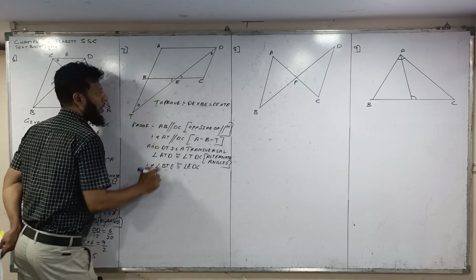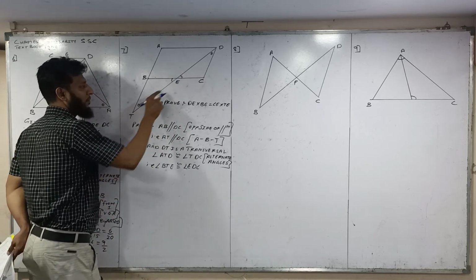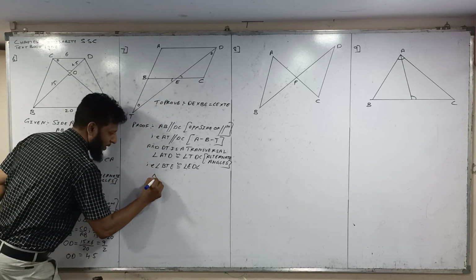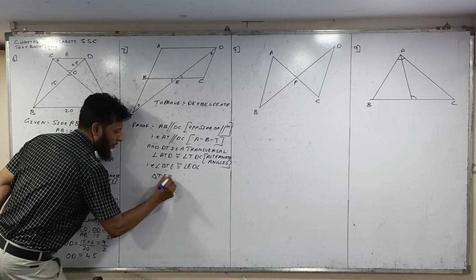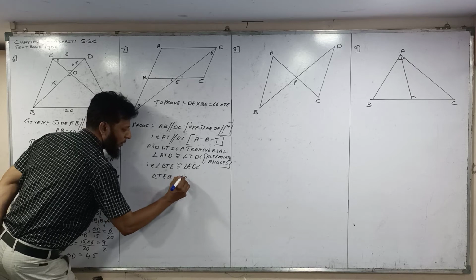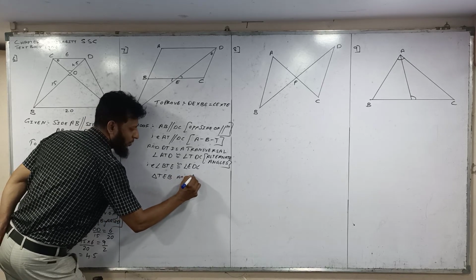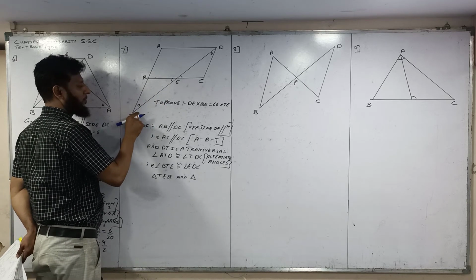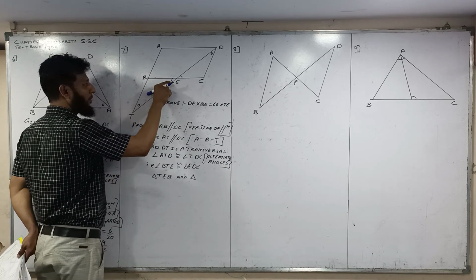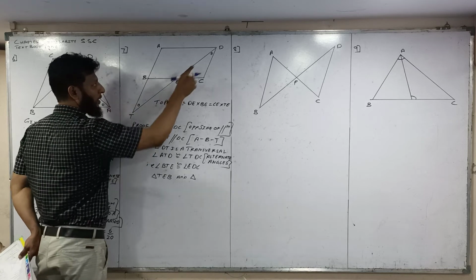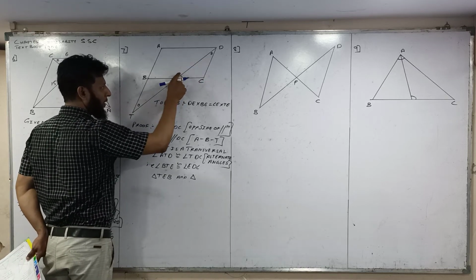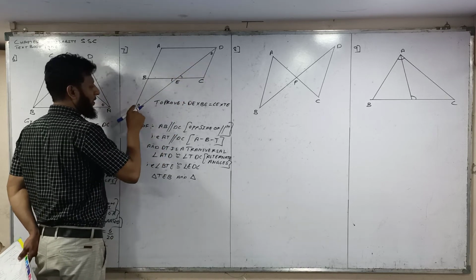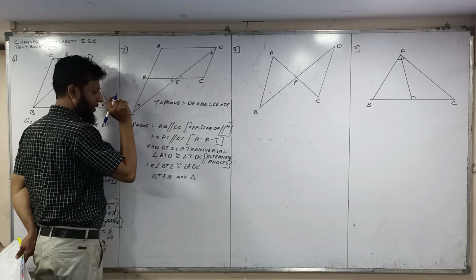Now take the triangles: triangle TEB, using the angle sign so it is in proper correspondence, and DEC.